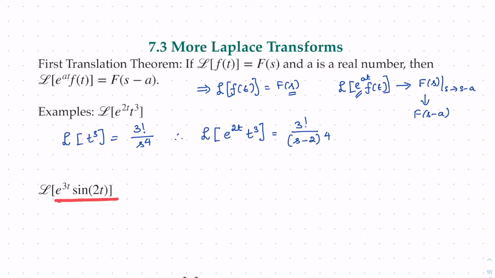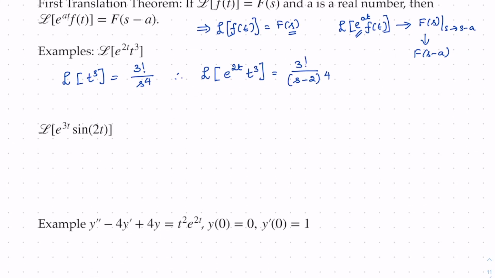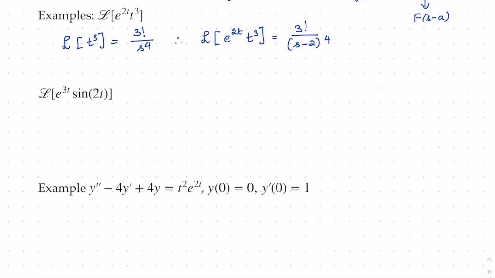Let's take a look at this one. How do we do this? If you take a look at this one, Laplace of e to the 3t sine 2t, first we're going to find the Laplace of sine 2t, right? As you know, since it's a sine, it's going to be a constant on the top, so it's going to be 2 on the top divided by s squared plus 2 squared, which is 4.